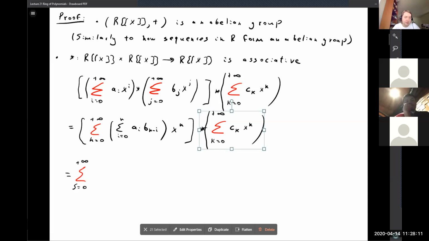So we get the formal power series, and the coefficients of that formal power series are computed as a double sum, n = 0 to s, of the sum i = 0 to n of a_i b_{n-i}, multiplied by c_{s-n}. And that's the coefficient in front of x^s.